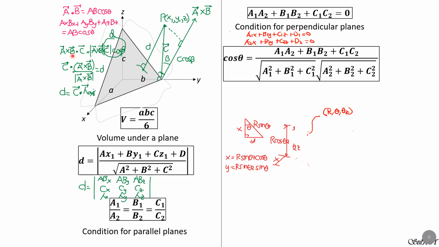Therefore, A cross B over magnitude of A cross B, that's the unit vector of A cross B, or the unit vector of that axis. Then we dot that with C, or vice versa, because that product is commutative.